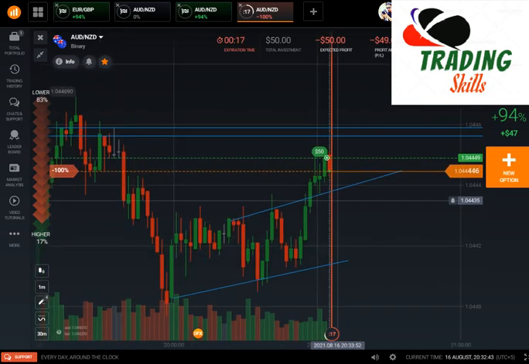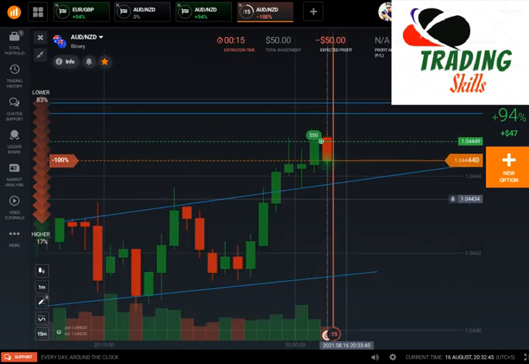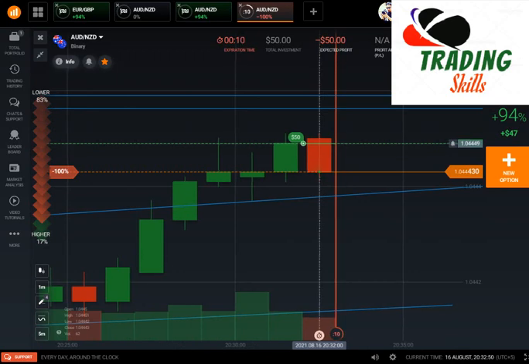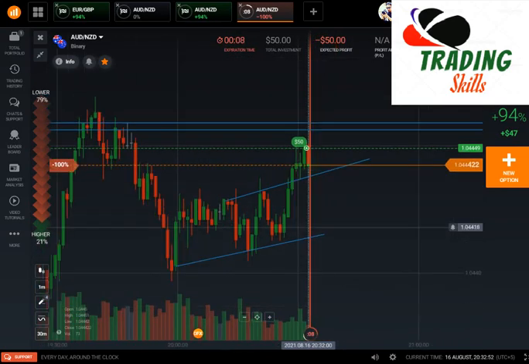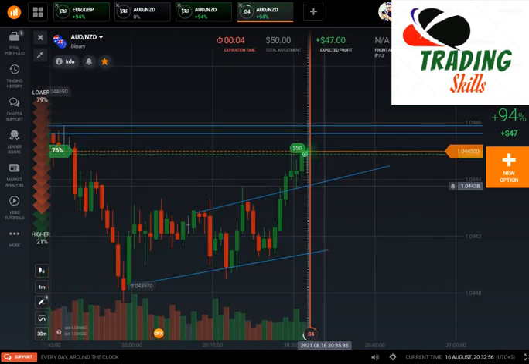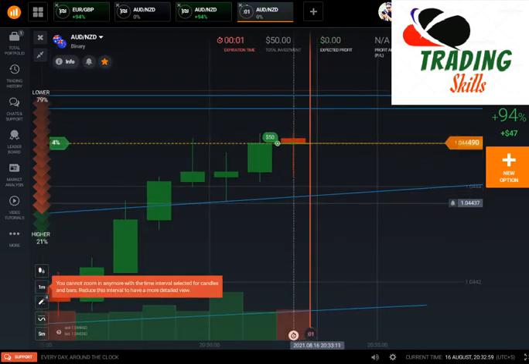Okay, so market is getting the rejection exactly from the round number. Why is it not showing to me? When I zoom out it is showing to me, but no issues, we will win here with a small candle.